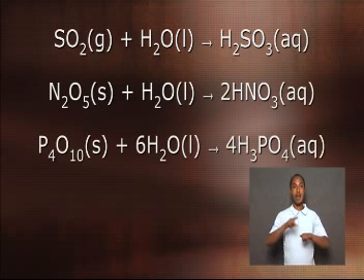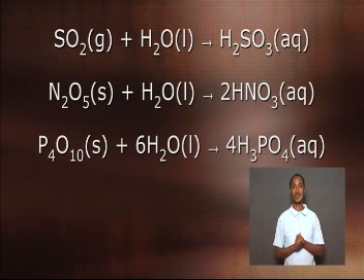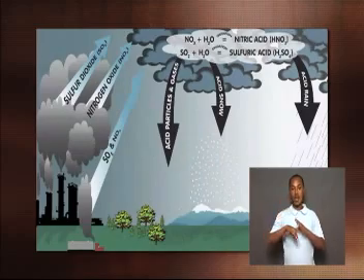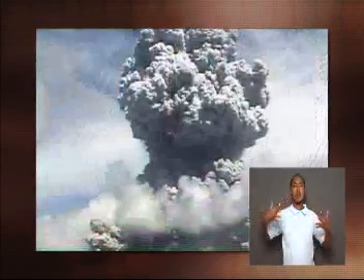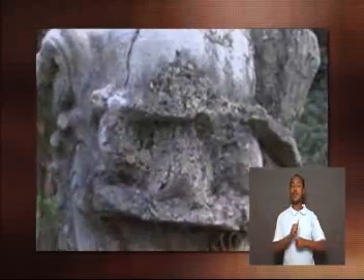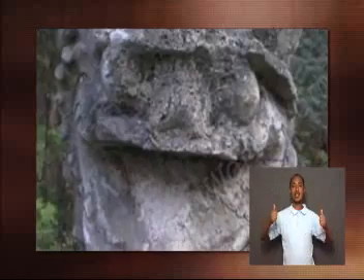When phosphorus pentoxide and water react, phosphoric acid is produced. When the sulfur dioxide that is in the atmosphere mixes with water vapor in the atmosphere, acid rain can result. Acid rain can be very harmful to plants, animals, and infrastructure.